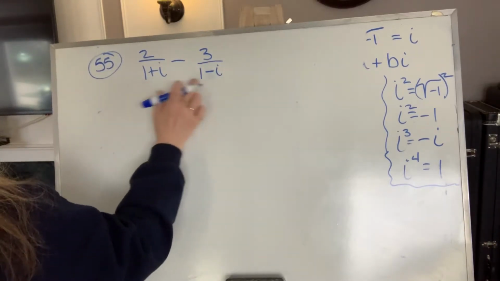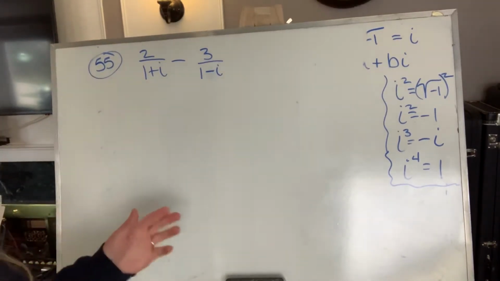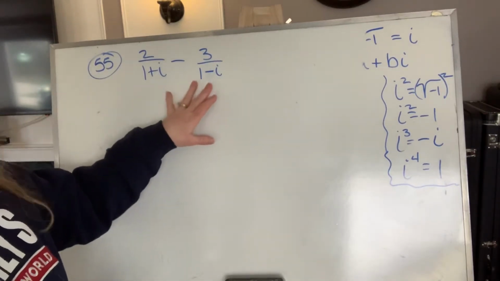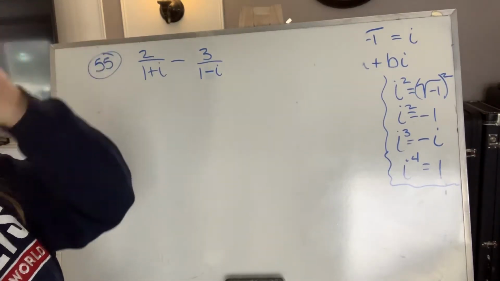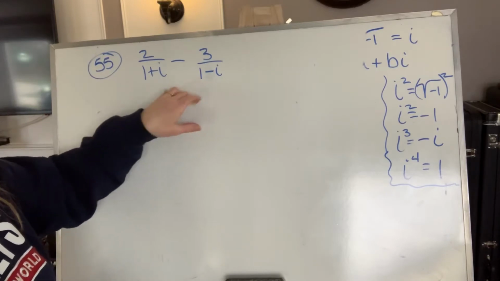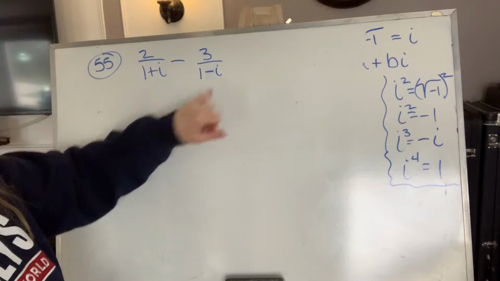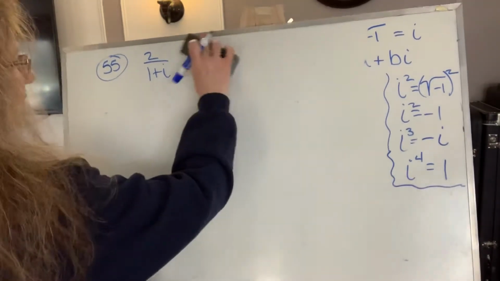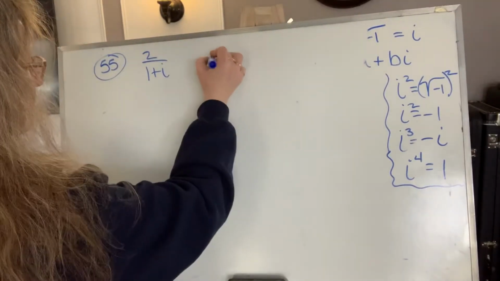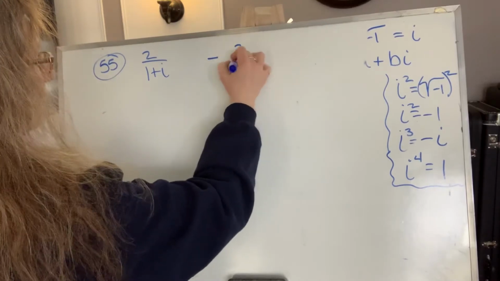So I have denominators that are not the same. Of course, anytime I'm going to add fractions, I have to get the denominators the same. What I'm going to do is make my denominator 1 plus i times 1 minus i. I'm going to give myself a little more space so I can write it.